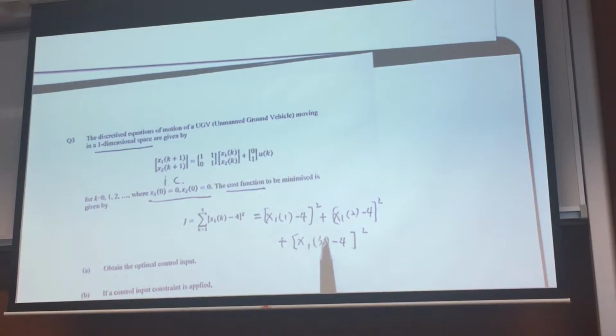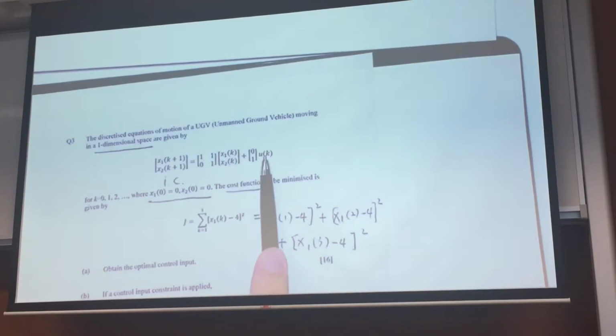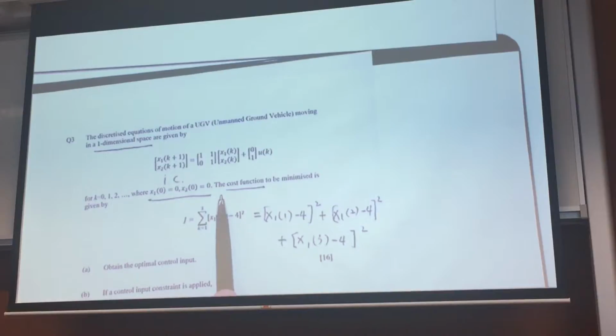That is the idea, so that you can solve for the control input. To tackle this question, the first step is to change x1,1, x1,2, x1,3 to make them depend on the control input and the initial condition, to formulate this cost function in the proper format.